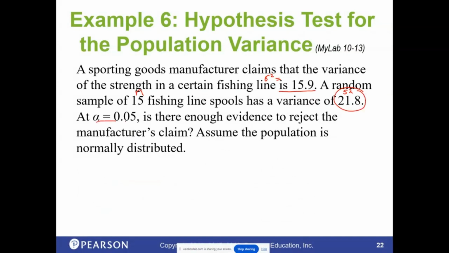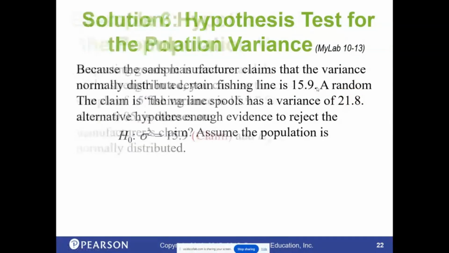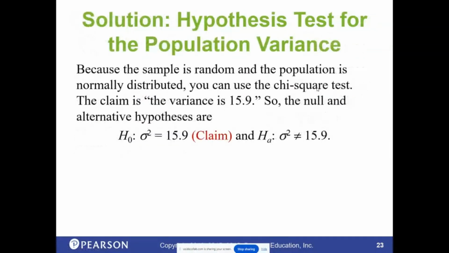And then alpha equals 0.05. Is there enough evidence to reject the manufacturer's claim? So our claim is that the variance is equal to 15.9. That's going to be our H sub O, leaving our H sub A that the variance is not equal to 15.9.